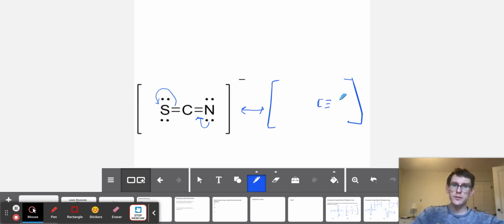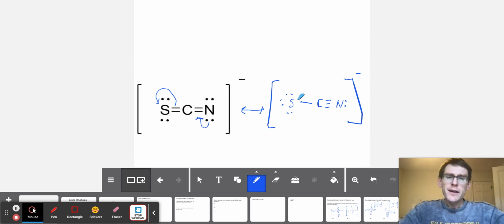Again, you should be familiar with triple bond nitrogen, right? You've seen it in some cases. This looks a lot like the cyanide ion until we add in the sulfur. And now, instead of having two lone pairs, the sulfur has three lone pairs. If you count up all the electrons, you will still get a negative charge.